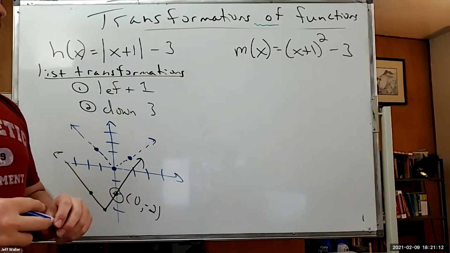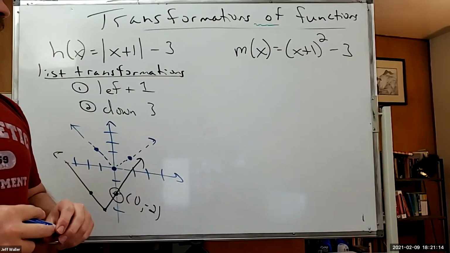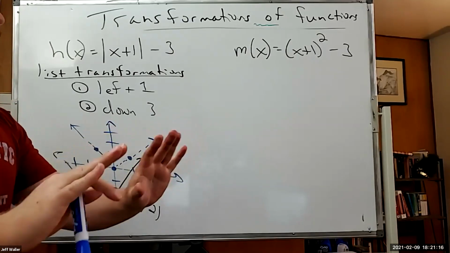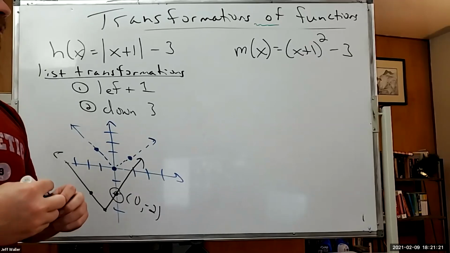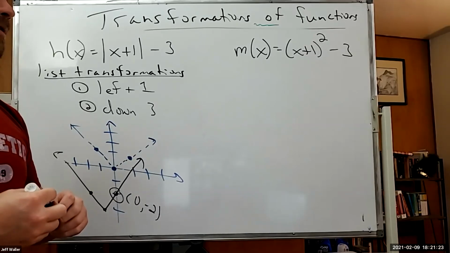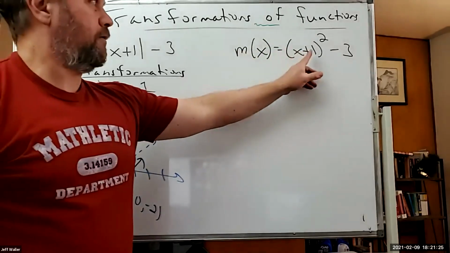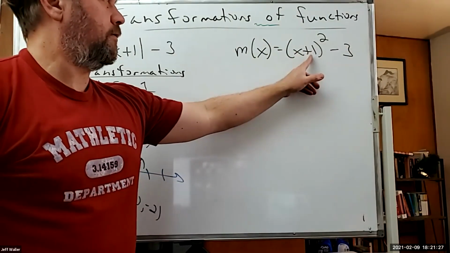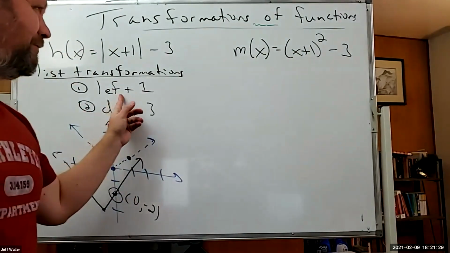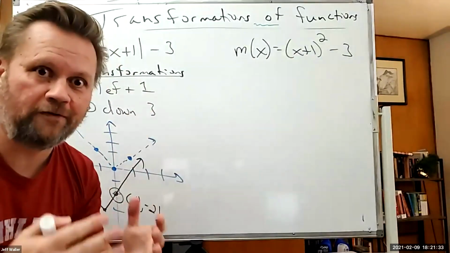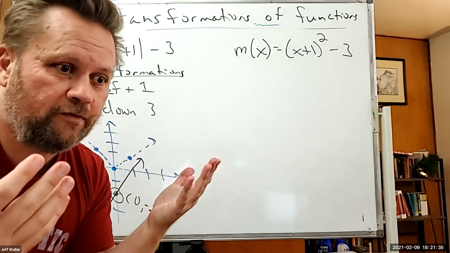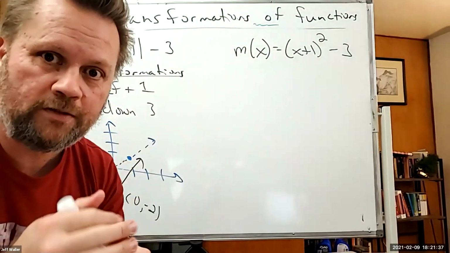Is it like when you flip it across the square? No, you're overthinking this. 1 to the right, down 3. Left 1, down. Do you guys understand? It's the same stuff, right? It's just a different function with the exact same transformations.